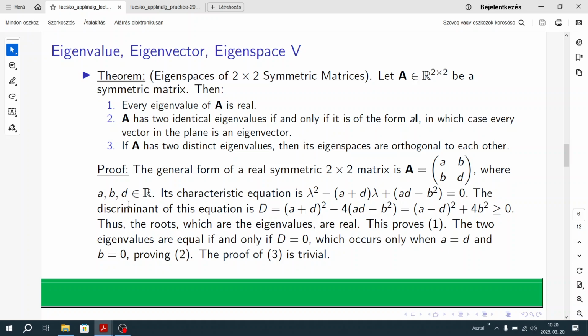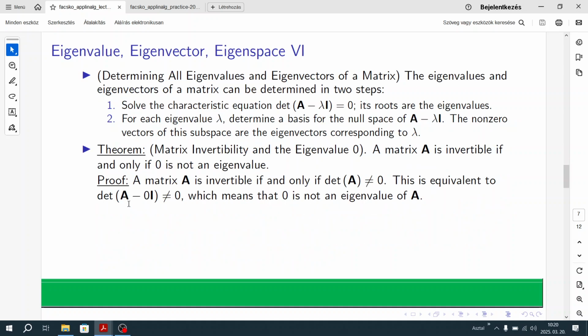It means it's an identity matrix multiplied by a number. And if this type of matrix has two different eigenvalues, then the eigenvectors are orthogonal to each other. It's for 2 times 2, but it's something general.